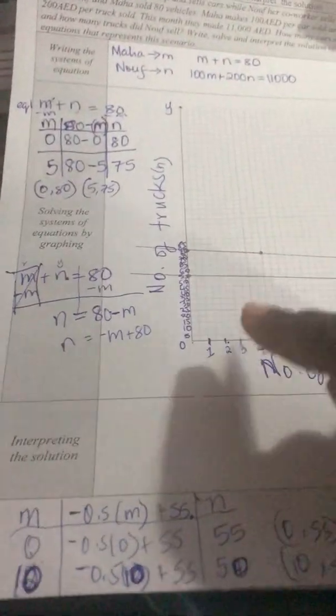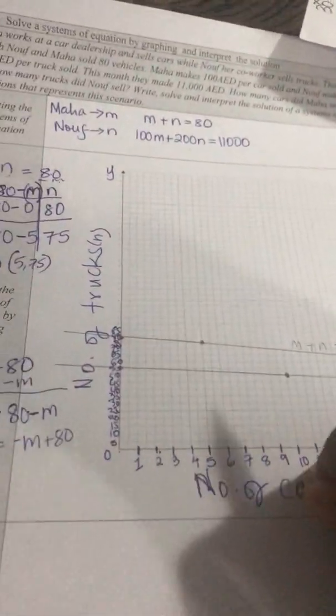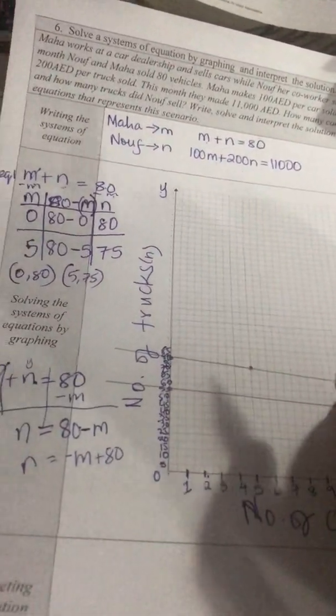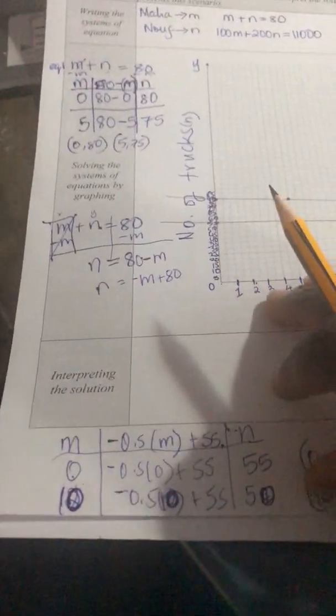Here we can't do this because this graph has to meet somewhere outside. So maybe this was not a very good question for graphing. But it can be solved another way. Don't worry. We'll do other graphs.